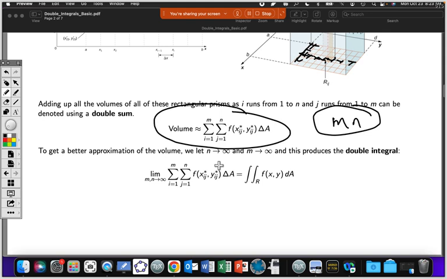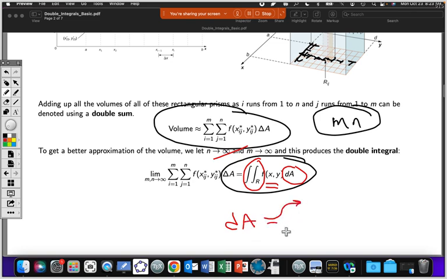And so as usual, to get a better and better approximation, we would use a finer and finer grid. And this limit then is what we would call the double integral over R of f of x, y, dA. So the two integrals here are indicating the fact that we've got two independent variables, x and y. And the dA is called the area differential, which it's going to take on a couple different formulas for us.